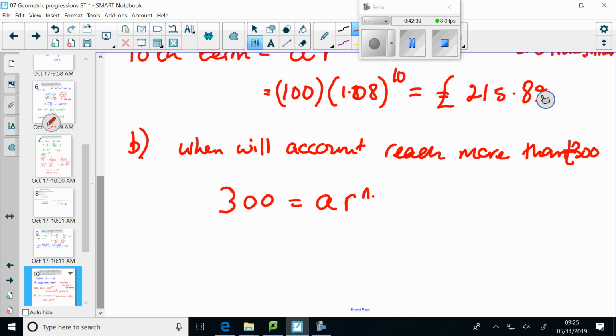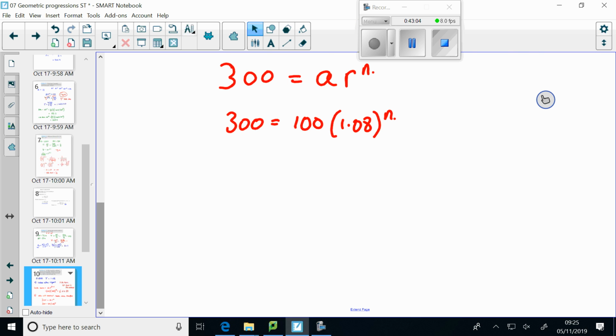So 300 is equal to 100, which is A, times 1.08 to the power of n. Now I'm going to teach you briefly something that we're going to go through in full detail next week. But to solve that problem, you need to use logarithms.